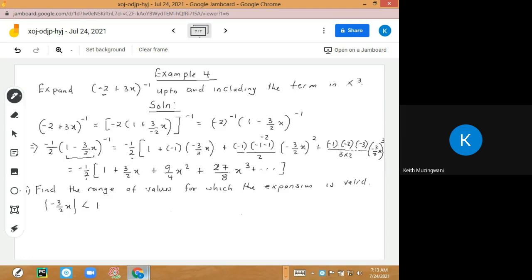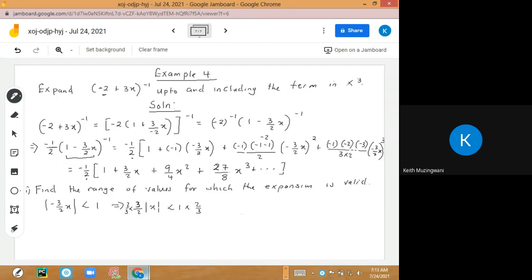So any number that comes out of the modulus comes out as a positive number. So 3 over 2, and the negative won't remain inside. No negative survives in the modulus. Less than 1. And then how do you get rid of this? You just multiply by 2 over 3.